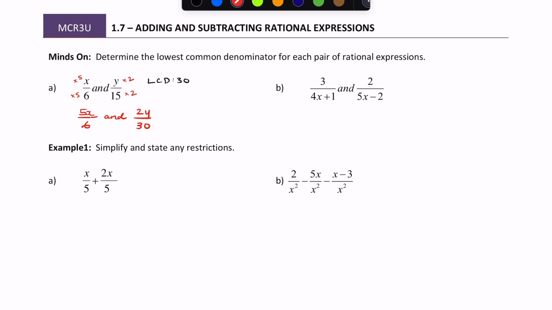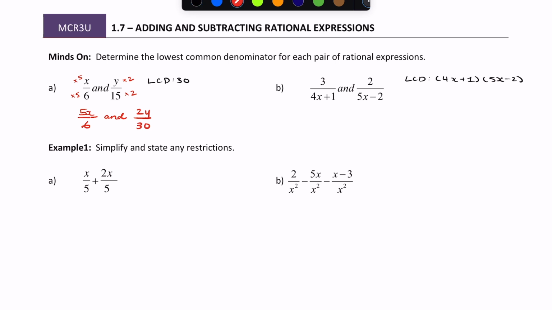Okay, so here, again, we're given 3 over 4x plus 1 and 2 over 5x minus 2. In this situation, our lowest common denominator would be 4x plus 1 and 5x minus 2.